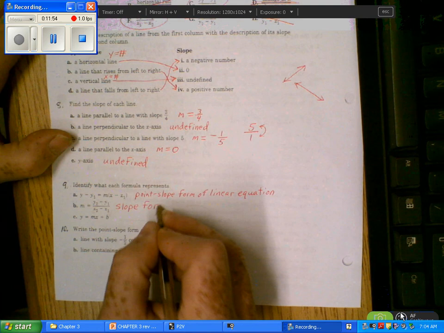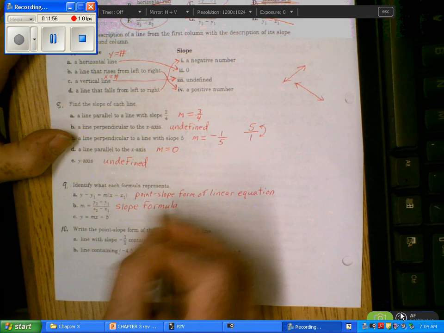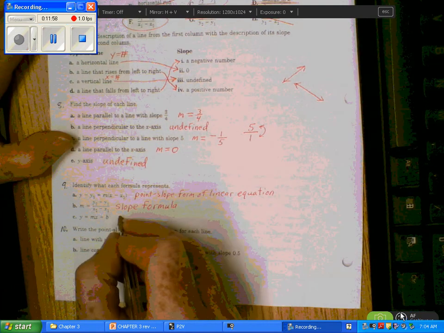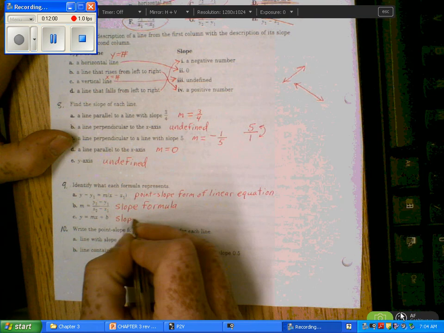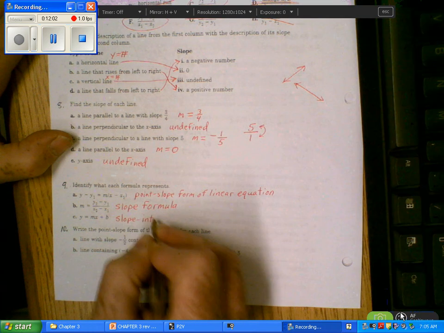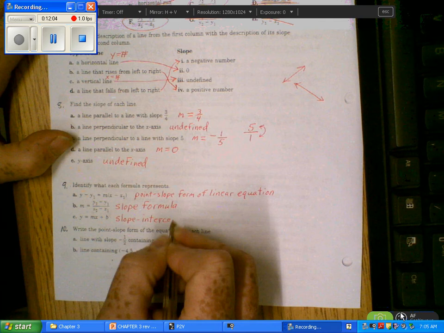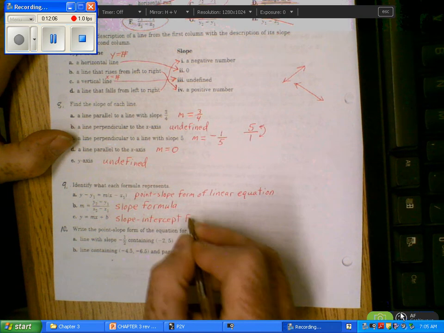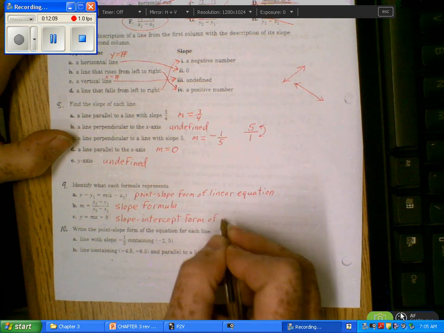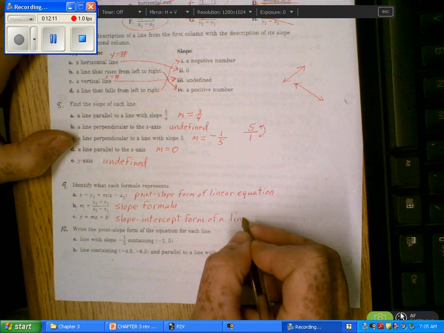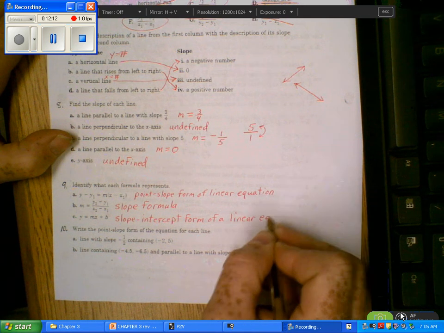Don't get that confused with the others. That's just to find the slope of a line. And this is the slope intercept form of a linear equation.